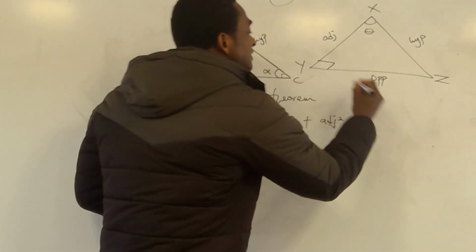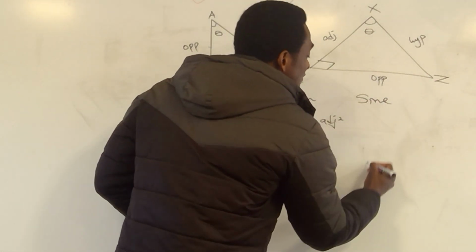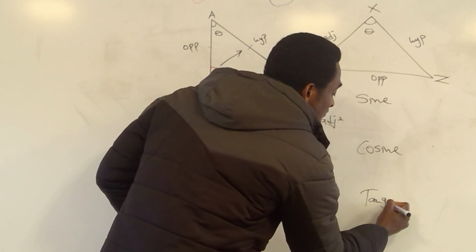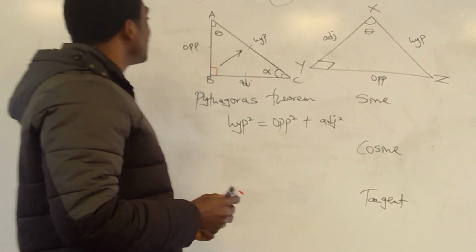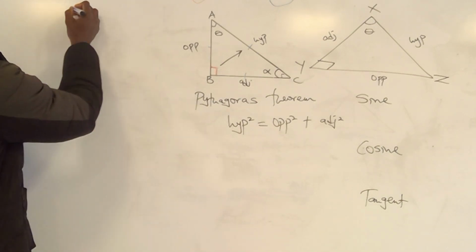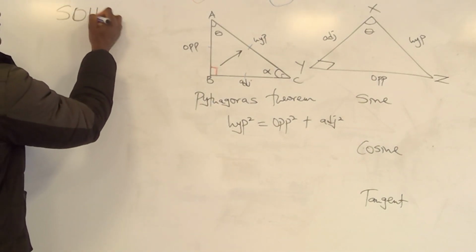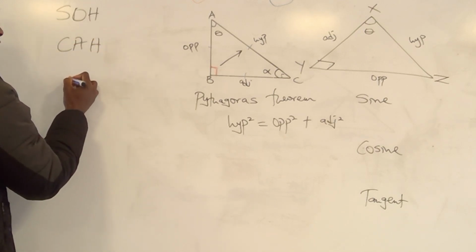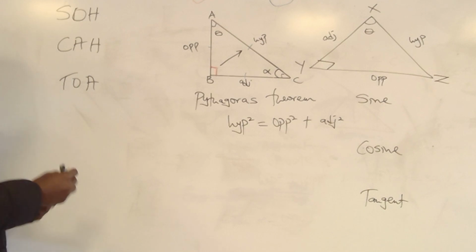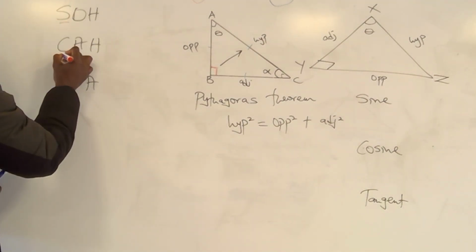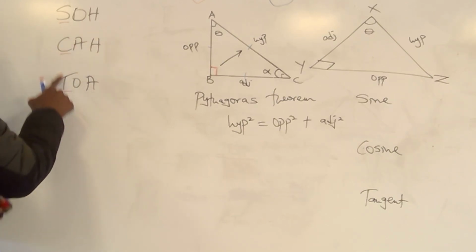The three identities are the sine, the cosine, and the tangent. Now we use a method we call SOHCAHTOA to solve such problems. SOHCAHTOA is an acronym in which the first letters represent the three identities: sine, cos, and tan.